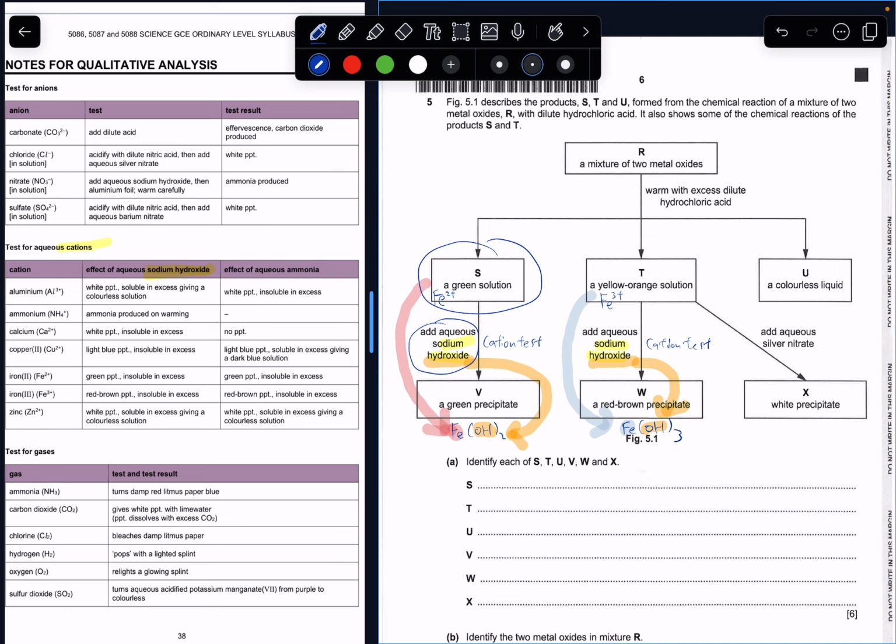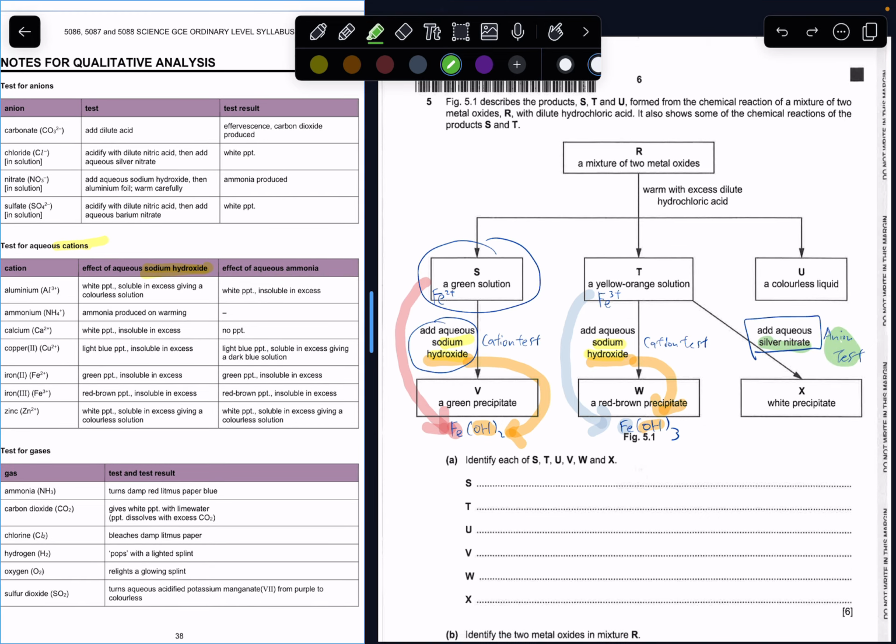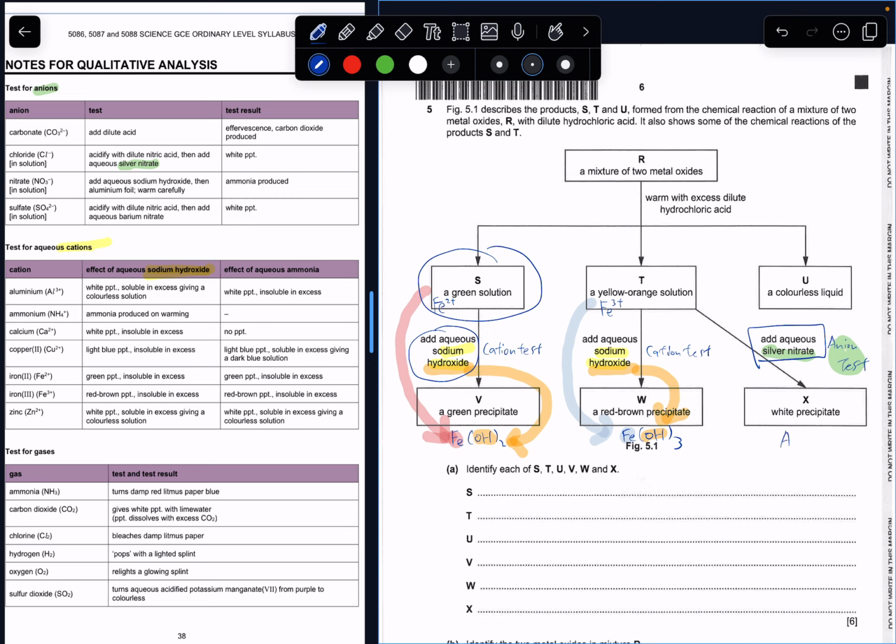Then what else can we see here? I recognize silver nitrate. Silver nitrate is your anion test. Let me highlight the colors for you. Anion test, silver nitrate, which is here. So this is actually just silver chloride.